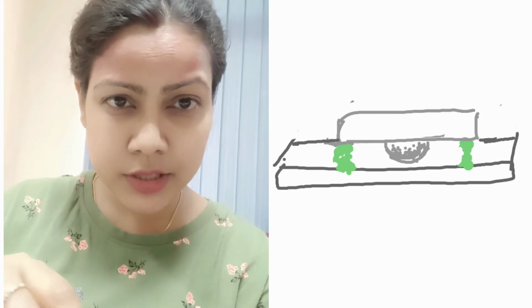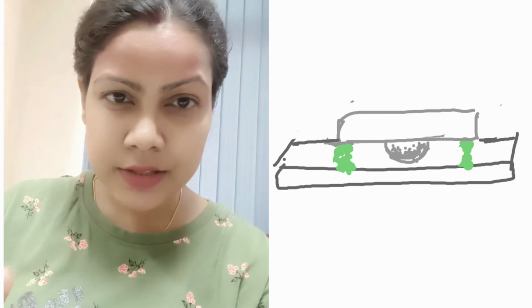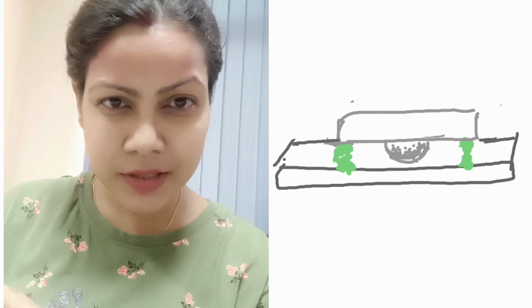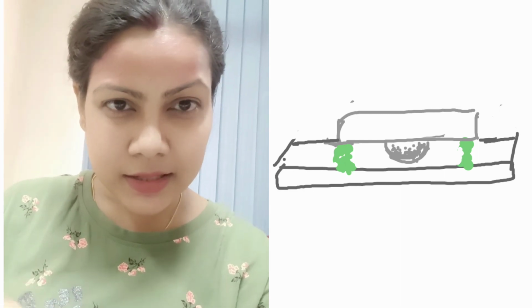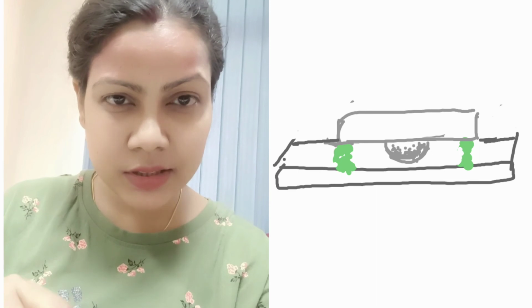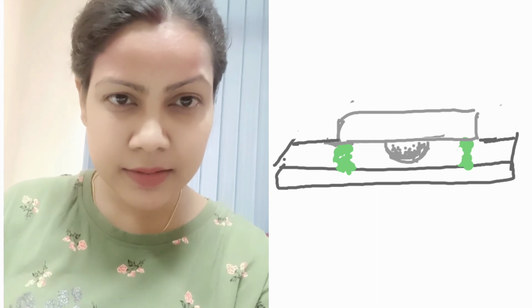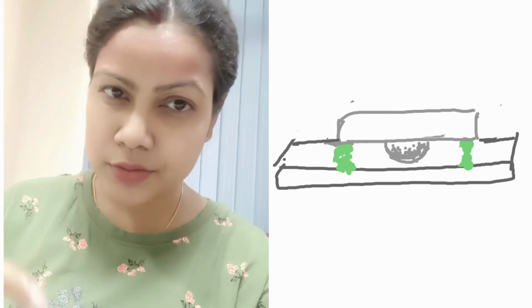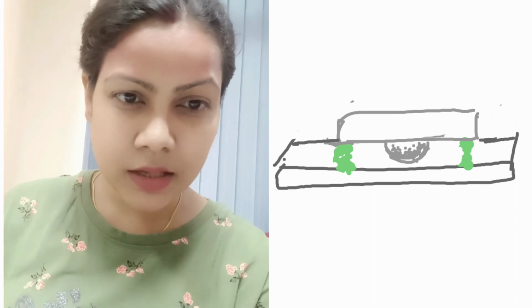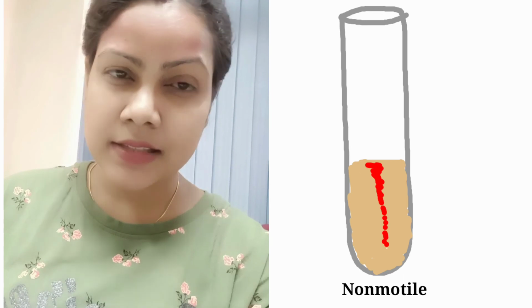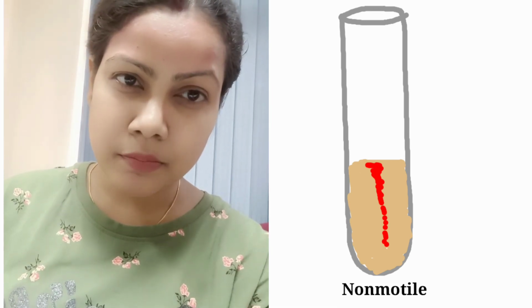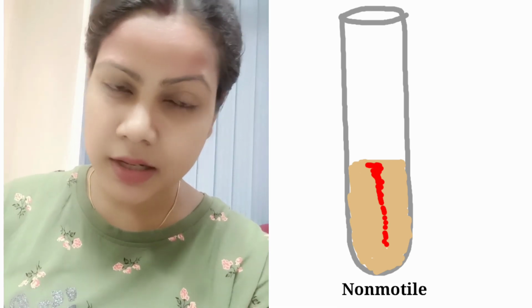Bacteria having motility go to the edge of the drop because of surface tension, and we can demonstrate motile bacteria under the microscope. Clear?